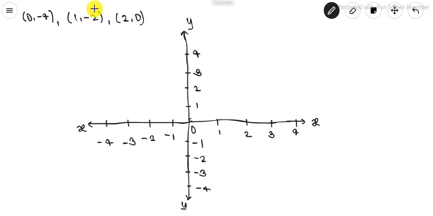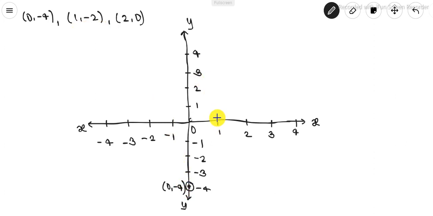Now we have to draw the coordinates on the graph. First coordinate, x coordinate is 0, and the y coordinate is minus 4. That is, this is the first coordinate, 0 and minus 4. Now the second one is 1 and minus 2.